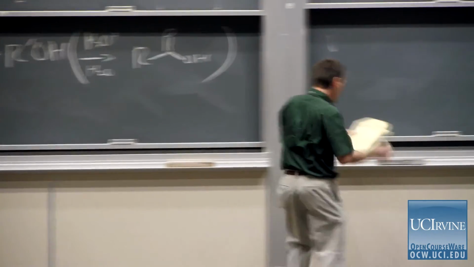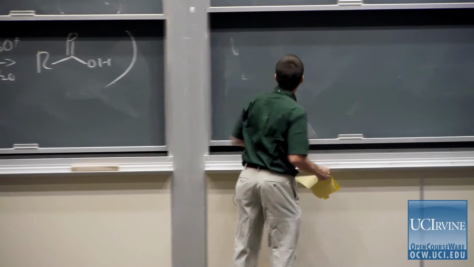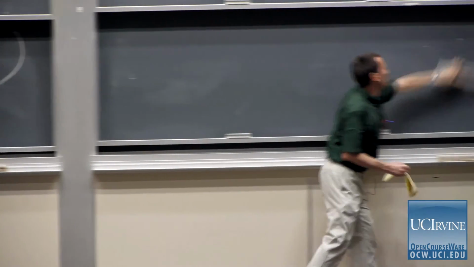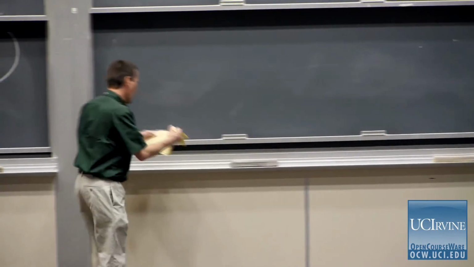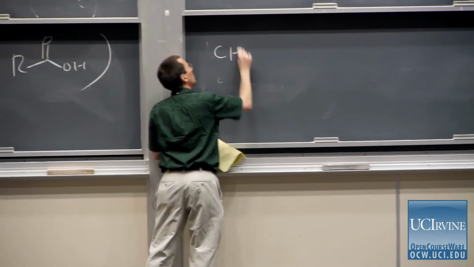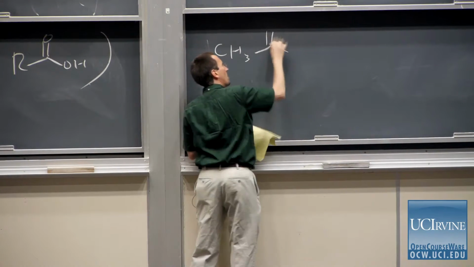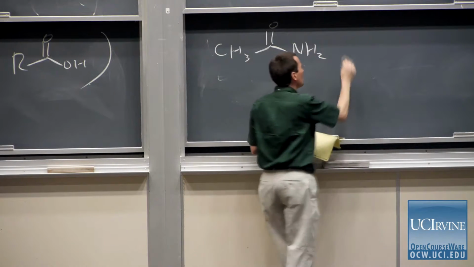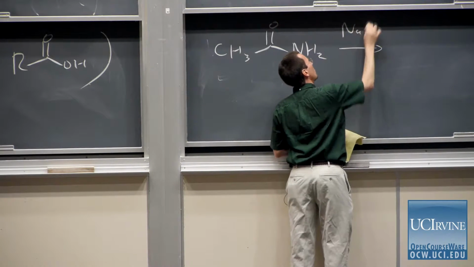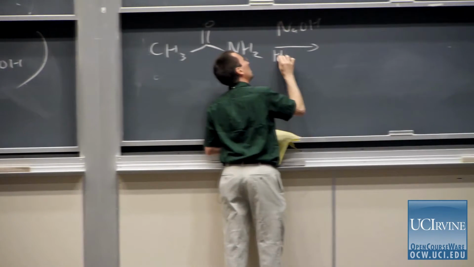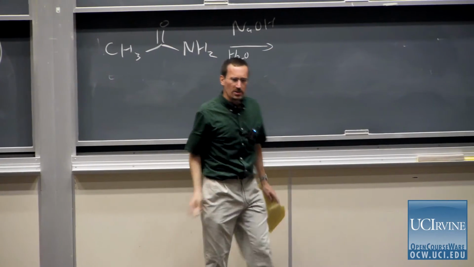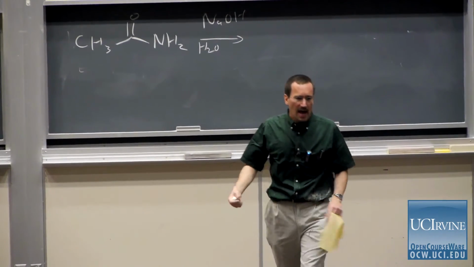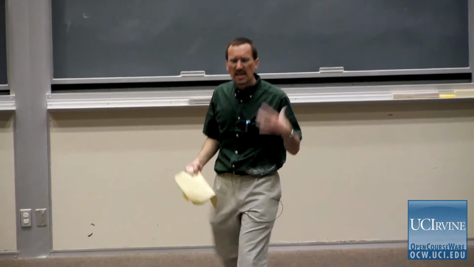And so if I tried to epitomize this with a reaction, and again, I'm going to write very simple compounds, so I will write acetamide, but again, this could be any amide. If I imagine treating it with sodium hydroxide in water, like we did with our ester in saponification, how would I epitomize this?